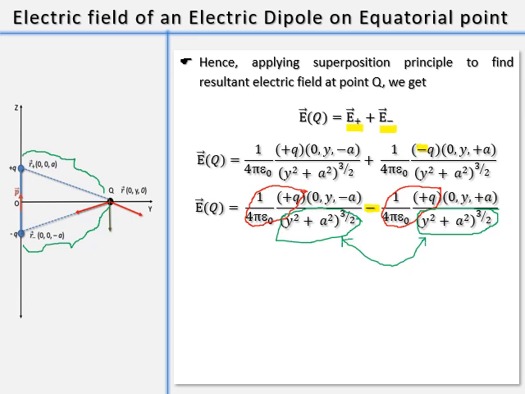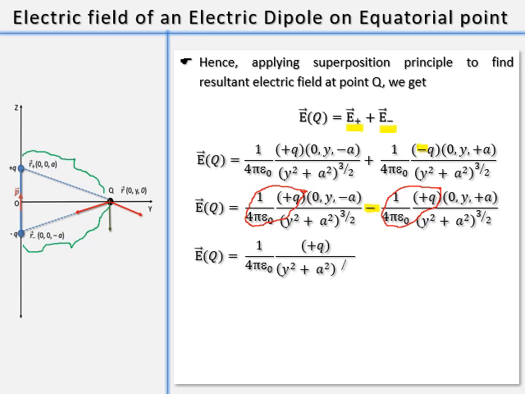So what? Take these things common. And what if we take these things common? Once you take the common terms out, this is what we get. 1 by 4 pi epsilon 0 q upon y square plus a square raised to 3 by 2, and then (0, y minus a) and (0, y plus a).